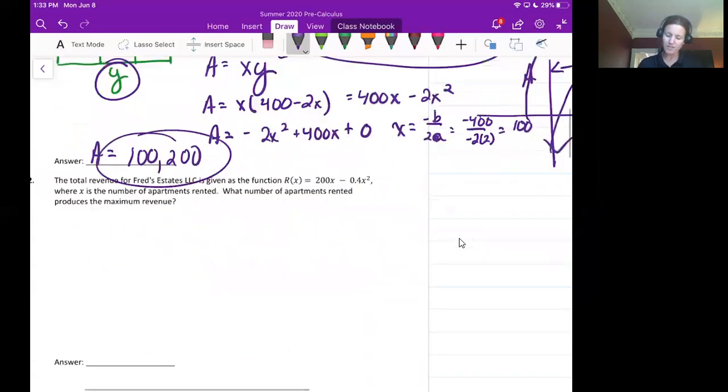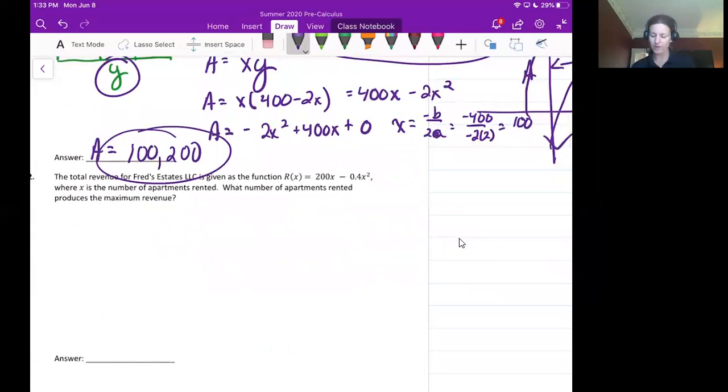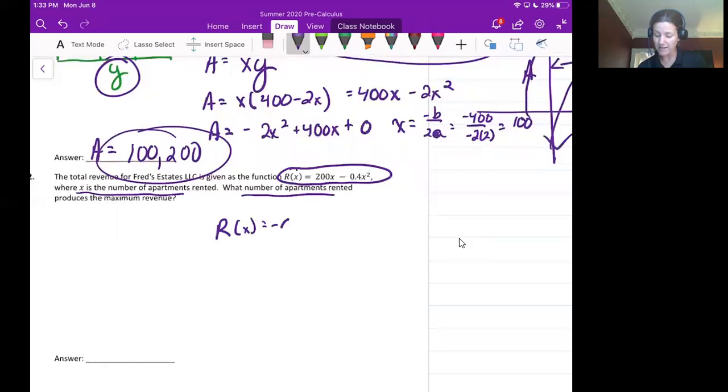The second one works a little bit differently because we're looking at revenue. We have a revenue function that's already a quadratic, but they want to know what number of apartments. Well, x is the number of apartments. So again, if they're asking for a maximum or minimum, we know we're dealing with a vertex. So I am going to rewrite this in standard form so that my x squared term comes first.